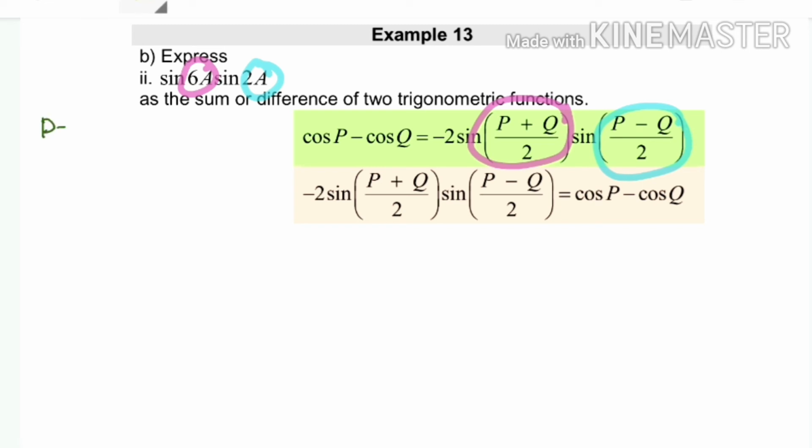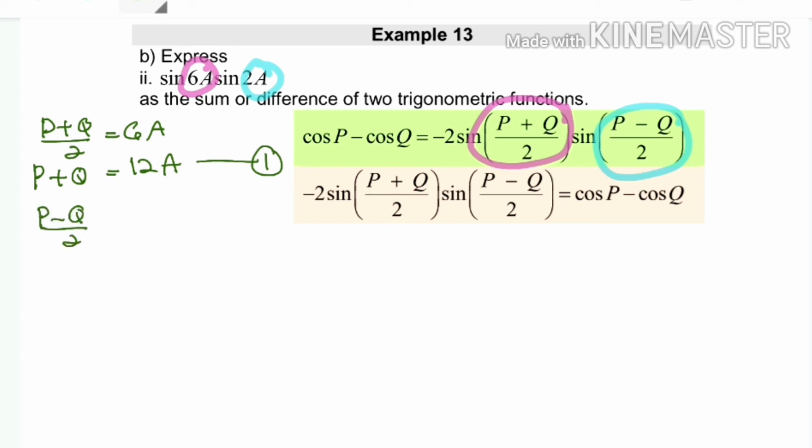(P plus Q)/2 equals 6a, therefore P plus Q equals 12a. This is the first equation. The second one, (P minus Q)/2 equals 2a, so P minus Q equals 4a. This is our second equation.